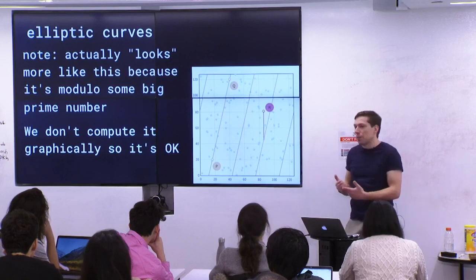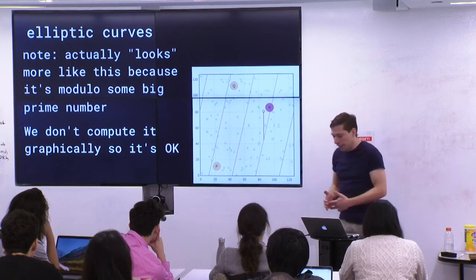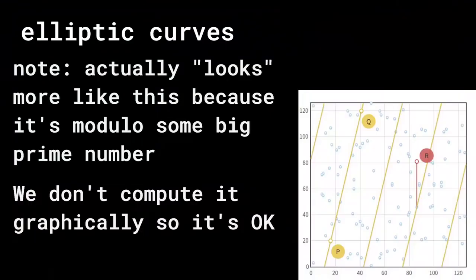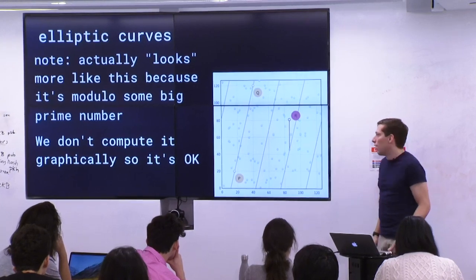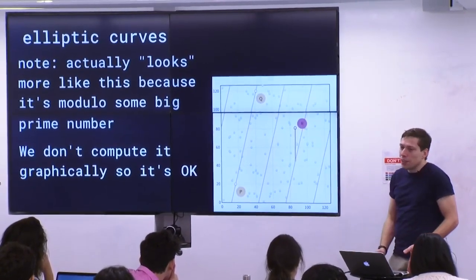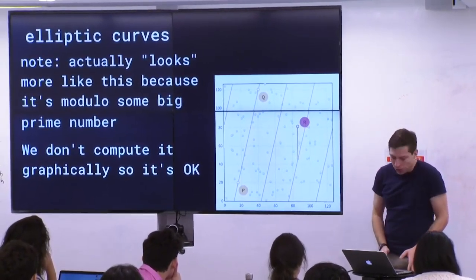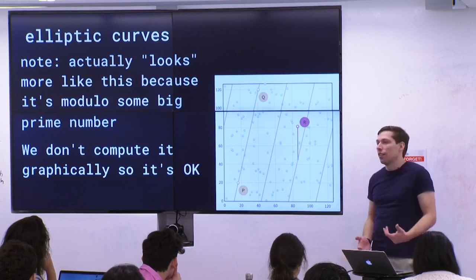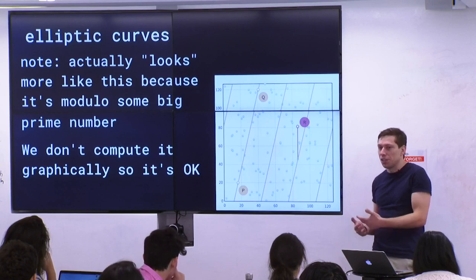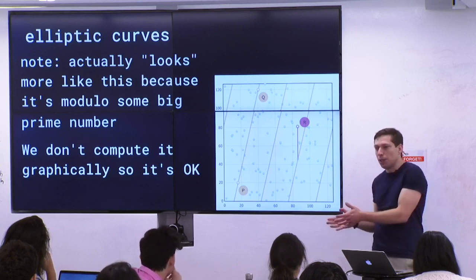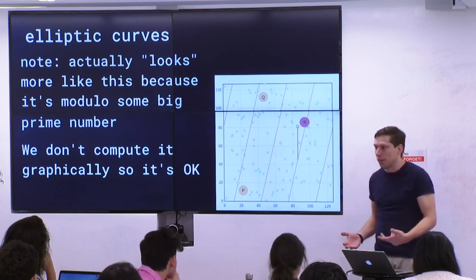And you still have that symmetry from the y-axis. But the way the computer does it is all modulo a number, so it doesn't actually map to a nice curve. However, the fun thing about modulo is all the properties stay the same, right? With regular numbers, you can still do addition, multiplication, division, all modulo some number, and it still all works.